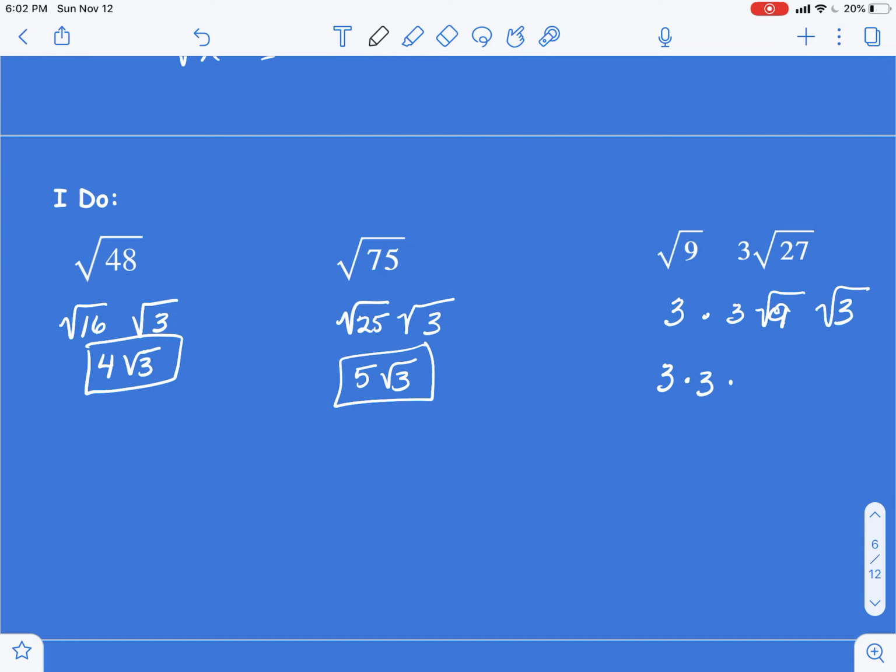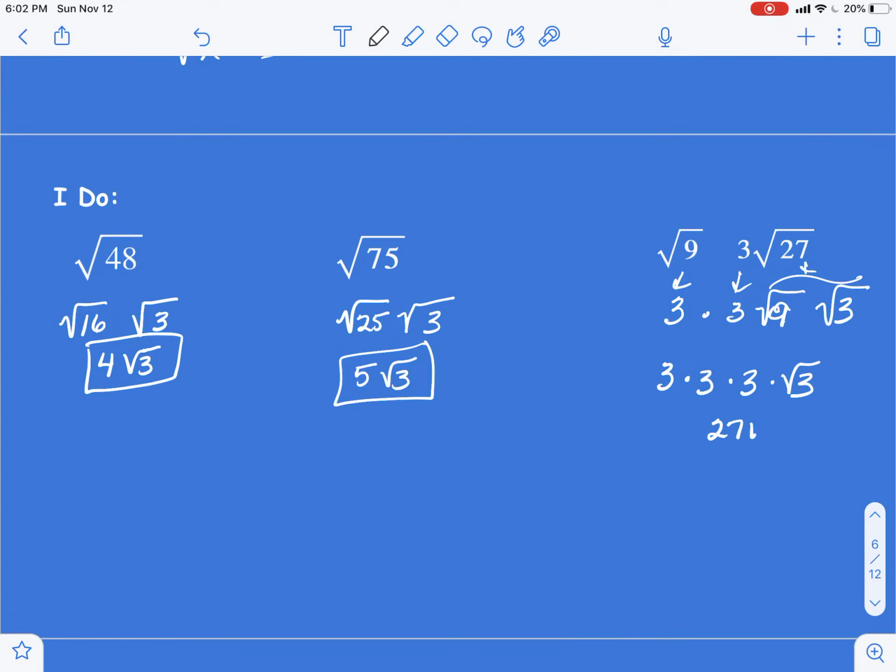I have the 3 out in front. And I have the square root of 3 that's left. Okay, so make sure you got everything in there. So this goes with this goes with that, and I'm left with 3 times 3 times the square root of 3. That's 9 square root of 3. Okay, final answer there.